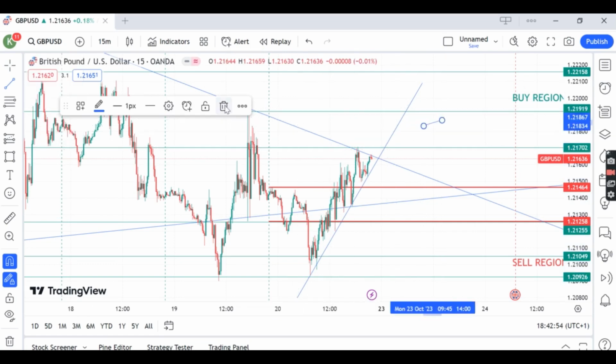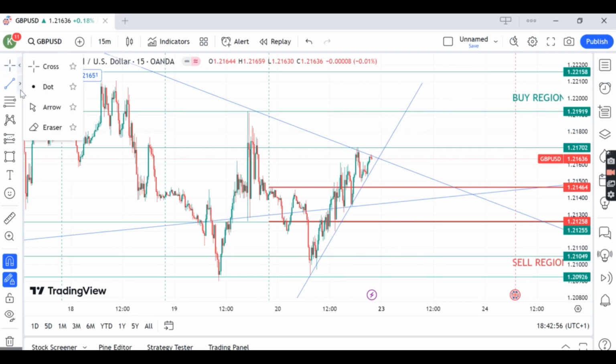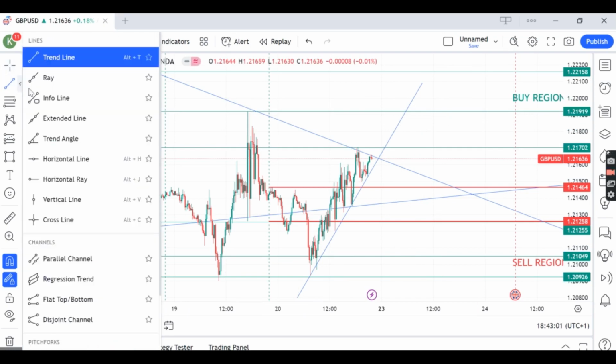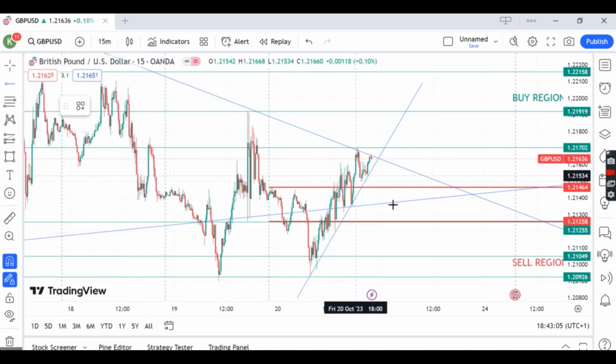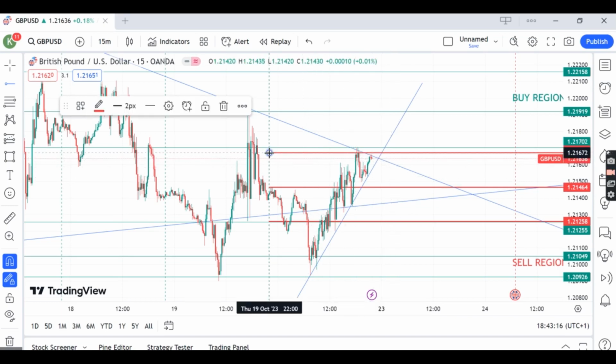So what are psychological levels? Psychological levels are key levels where the banks and institutions usually take their trading entries from. Okay, so from the current position where price is, where is most likely our psychological level? All you need to do is drop the horizontal ray line.